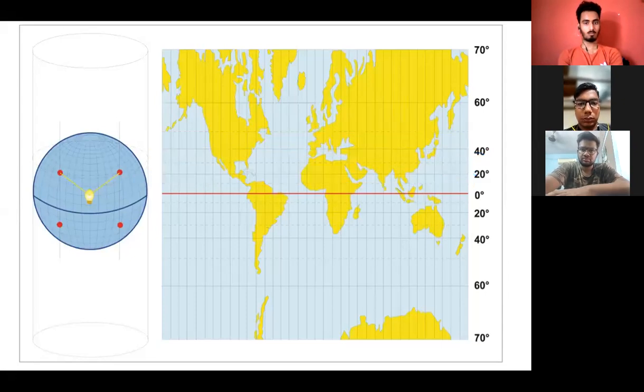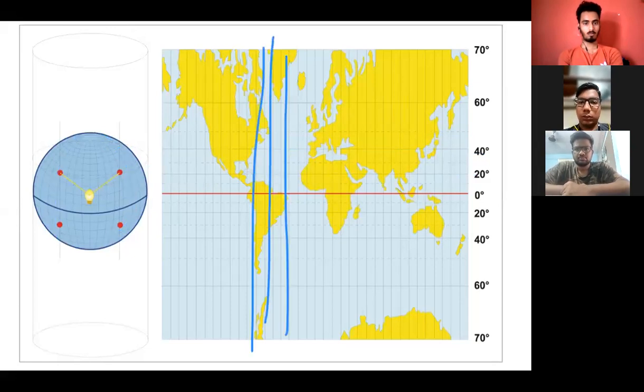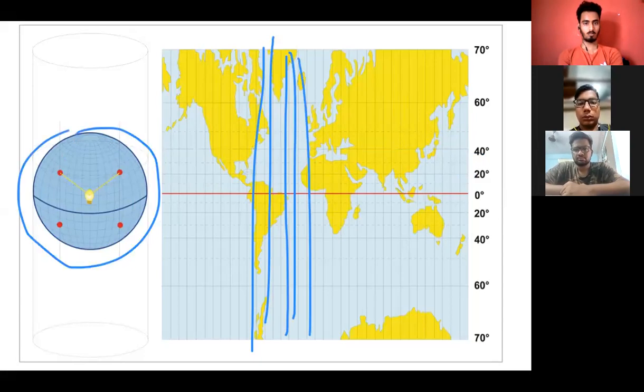See the longitudes in this. They are looking somewhat straight but converging towards the pole. See this side, it is something like this, a curvature. But see in the particular chart, it's again all straight lines. सारे सीधे हो गए क्योंकि पेपर पे है. It was a circle. Our earth is not a flat sheet of paper. Our earth is not a rectangle, but the paper is a rectangle or maybe a square. That's the reason everything becomes a straight line.